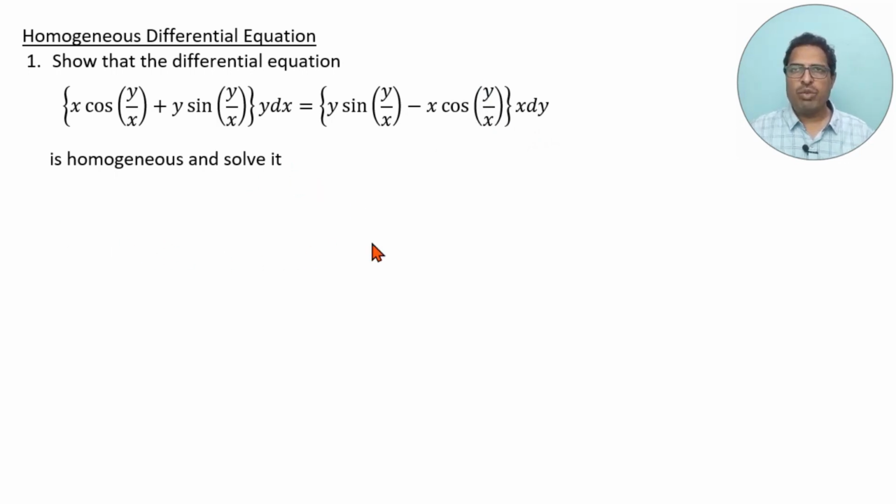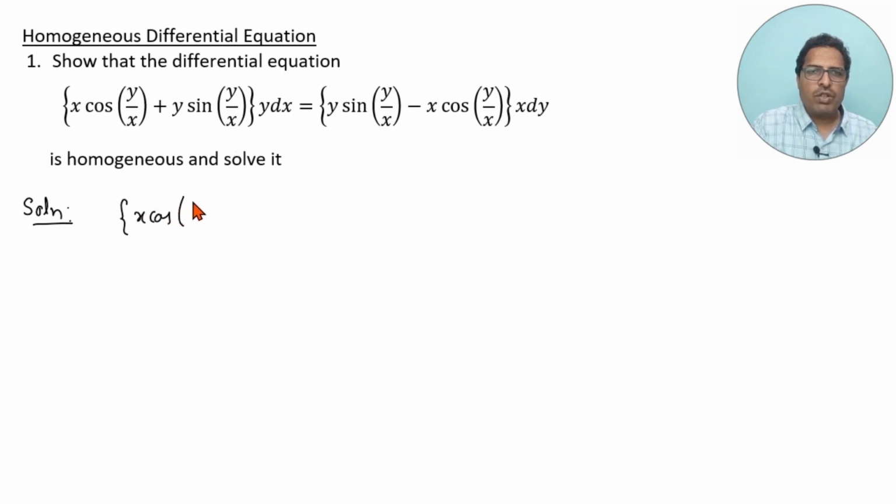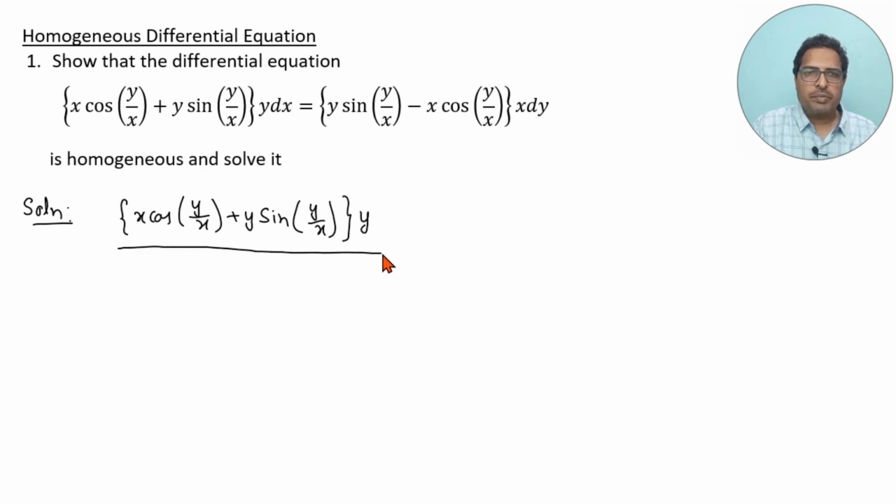So let us first try to express it in the form of dy by dx. Retain this expression as it is, x cos(y/x) + y sin(y/x) times y, and send the entire expression to the left hand side by cross multiplying.